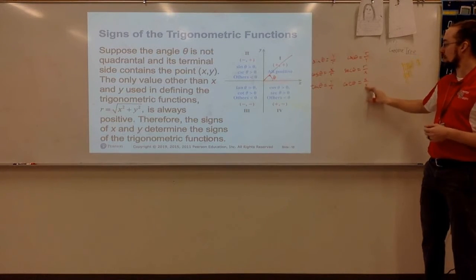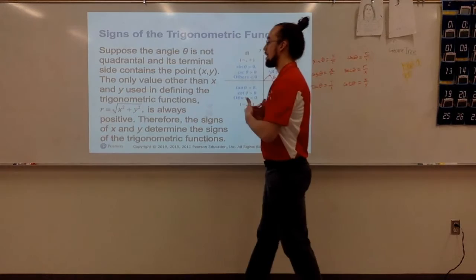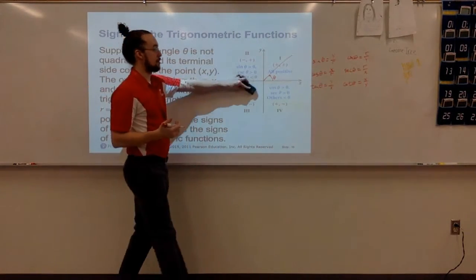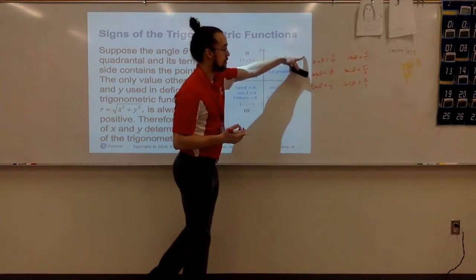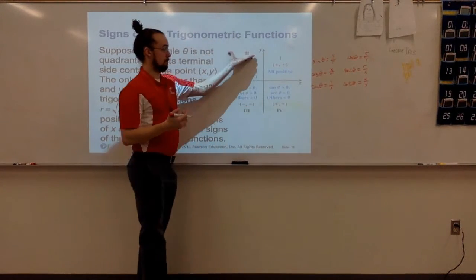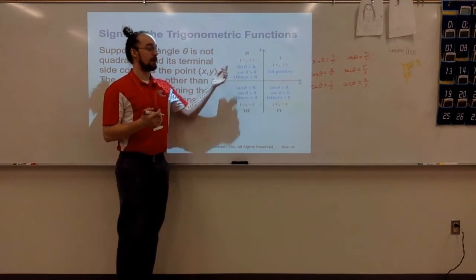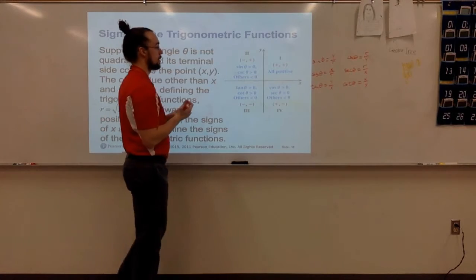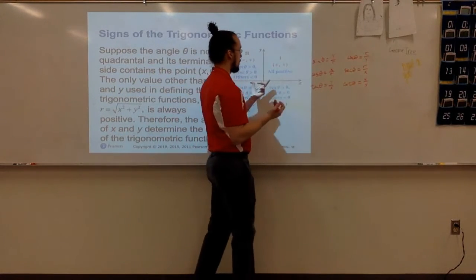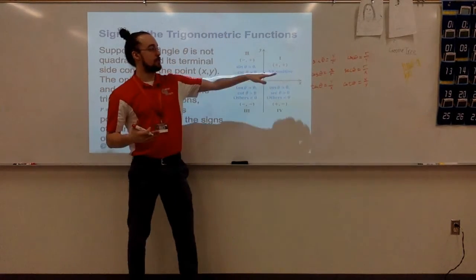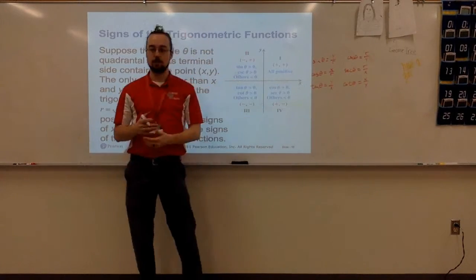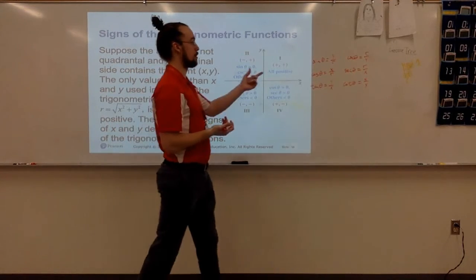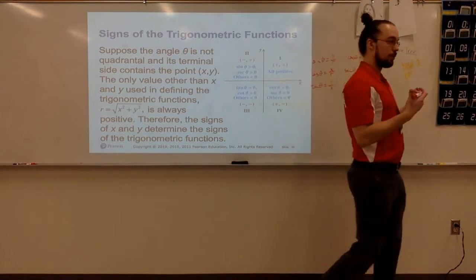Okay, so if we then move over into the second quadrant, sine is the y value, so the y value is still positive. The x value is now negative. I like to just think in terms of the first three trig functions, because sine and cosecant are very closely related: if sine is negative, cosecant's negative.